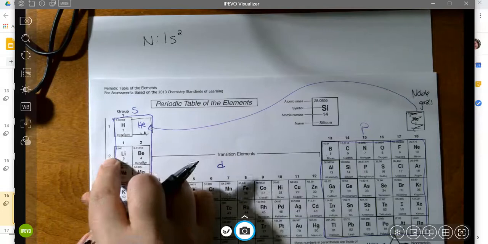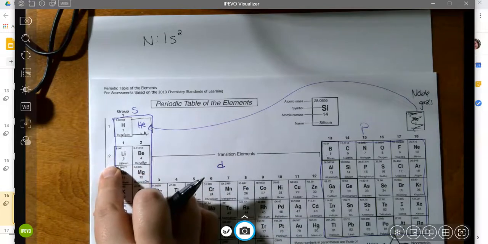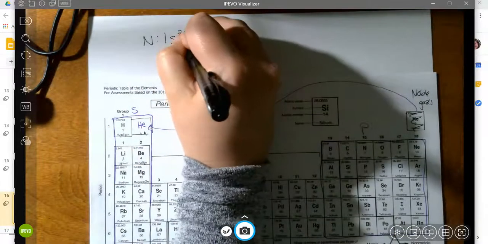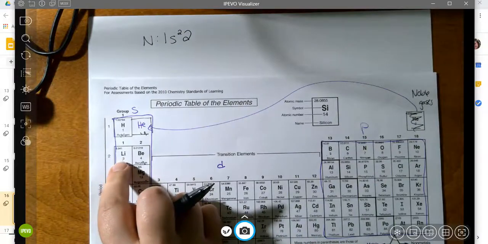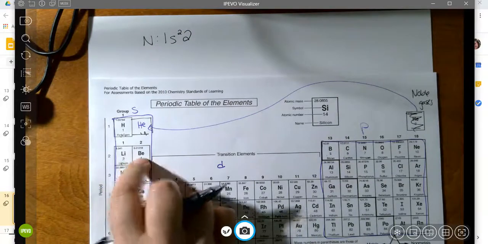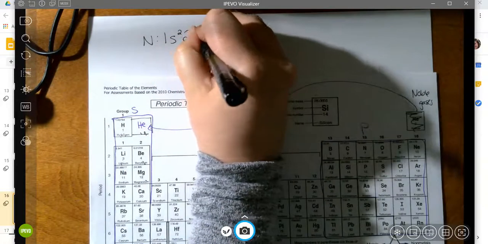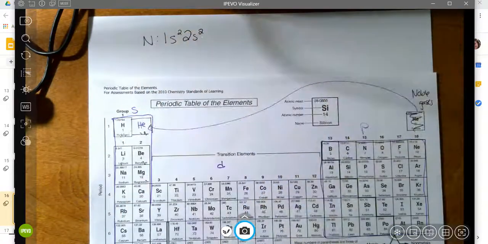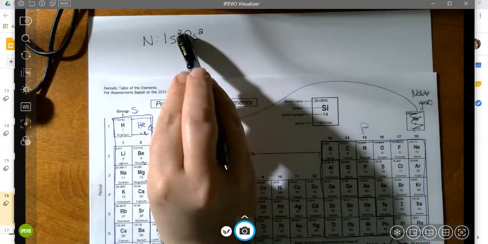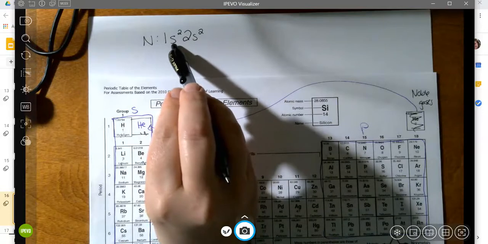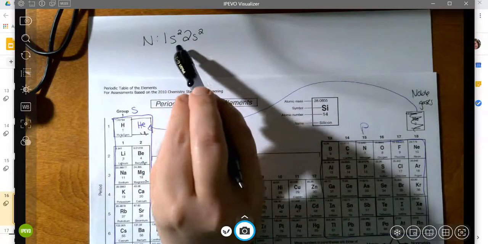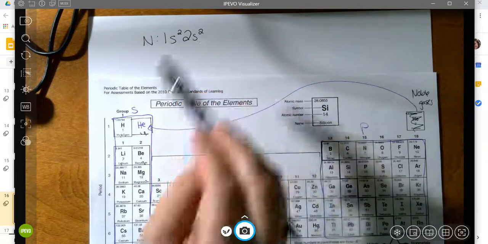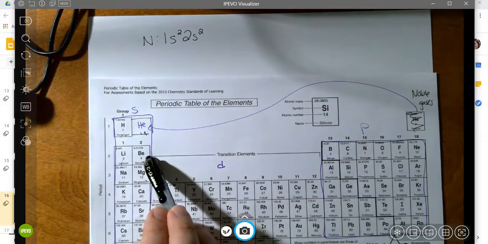Right, so now I come down to the second period. So now I'm in period 2. I'm still in the S block, and I go 1, 2 squares in the second energy level S block. So far I have 2 electrons in the first energy level S orbital, 2 electrons in the second energy level S orbital, but I haven't gotten to nitrogen yet, so I have to keep going.